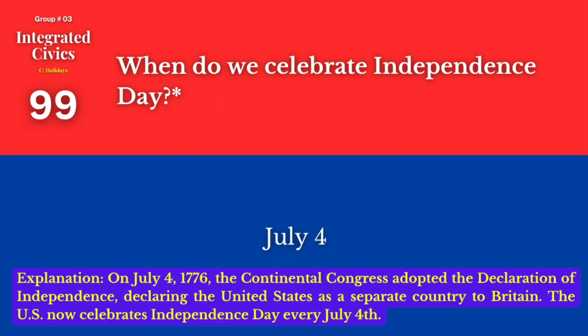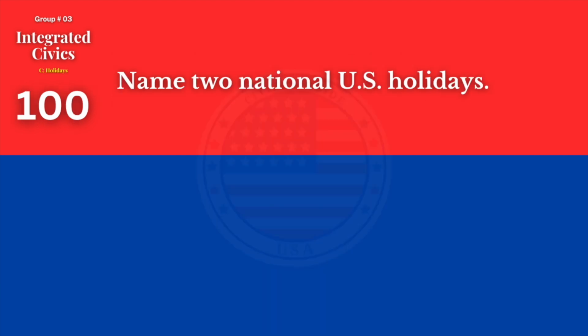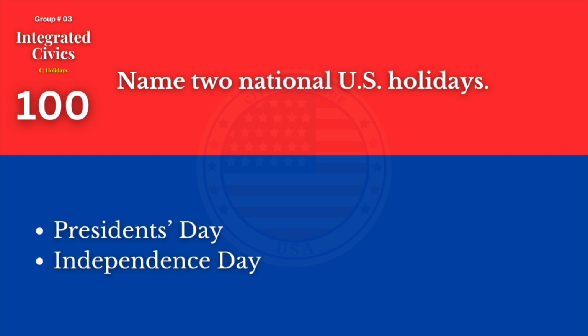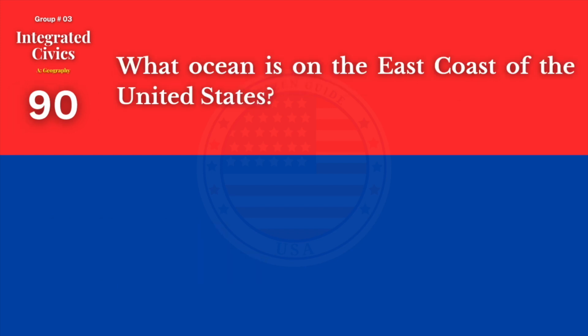July 4th. Name two national U.S. holidays. President's Day, Independence Day. What ocean is on the east coast of the United States? Atlantic Ocean.